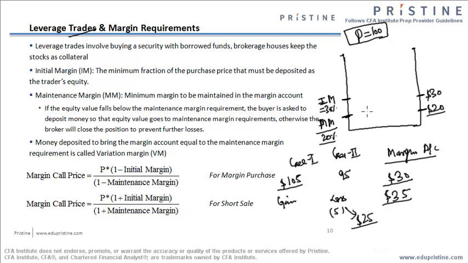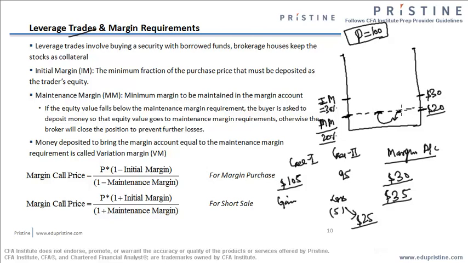Now the idea is whenever the margin goes down than this maintenance level, you are asked by your broker to deposit the money to bring your margin account back to the maintenance margin.